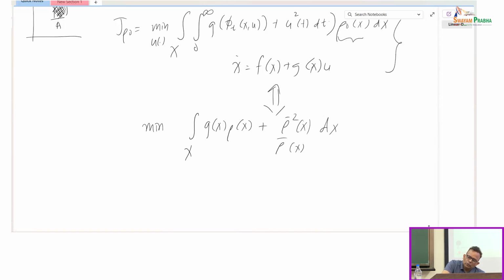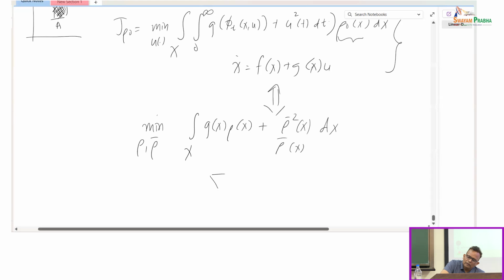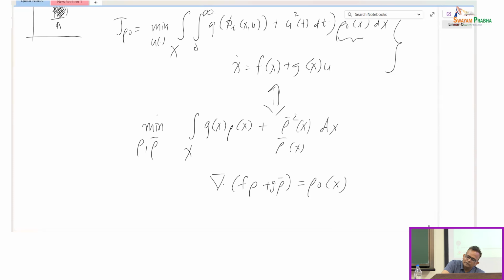So this is minimizing over rho and rho bar, subject to rho plus G rho bar equals rho 0.